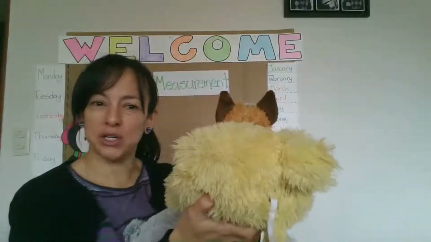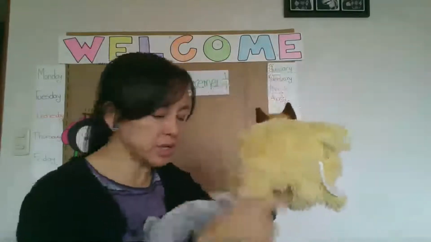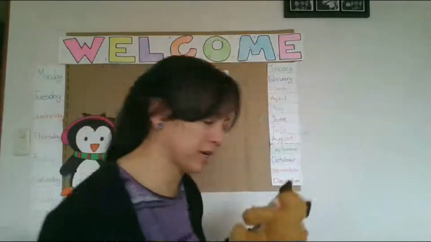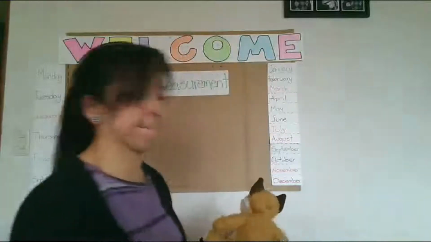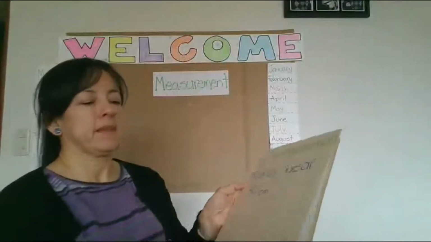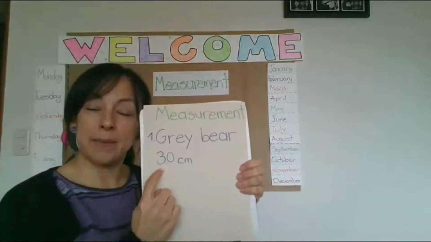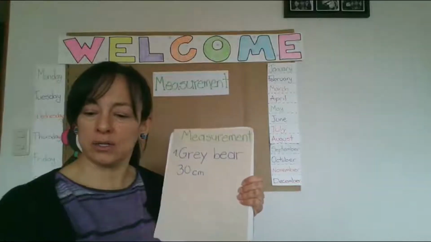We are going to measure the dog. Then we will continue with the mammoth. And finally, the little bear. Okay? So let's continue with the dog. So we are going to write number 2, dog.